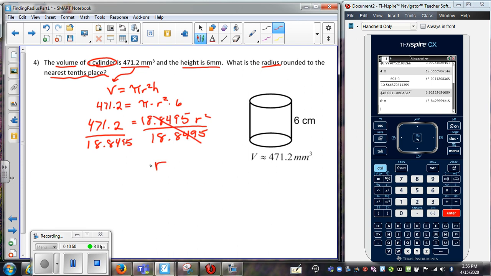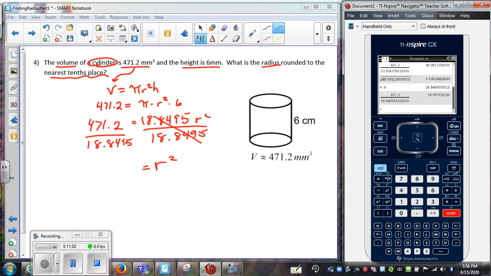So that's going to cancel. On this side you're left with r squared. On the other side I'm going to do 471.2 divided by my answer, and I'm getting 24.9979.